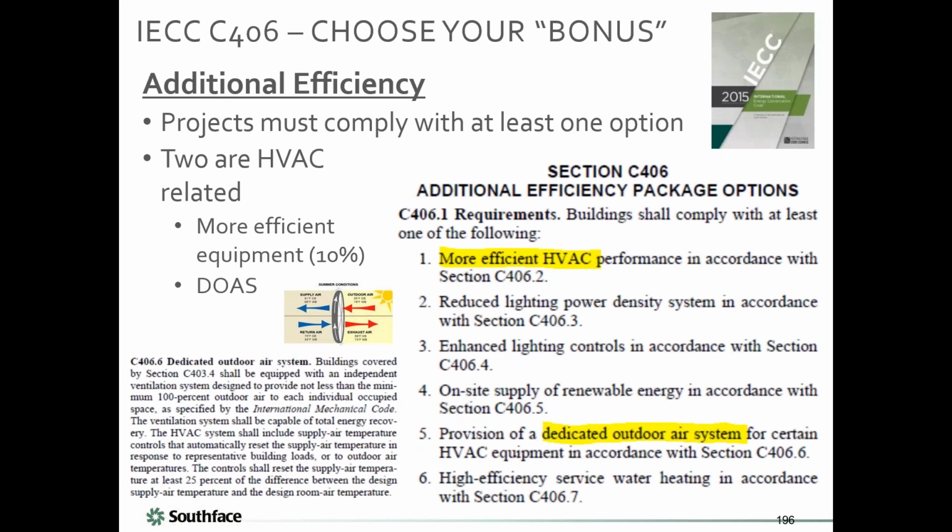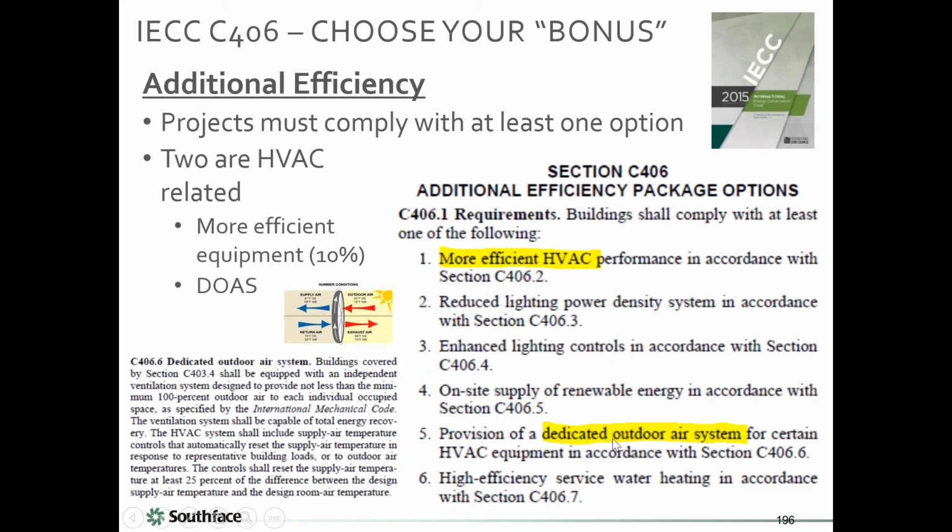And then one last thing, no matter what you do in the IECC, when you're all done, you're not all done. You have to do something additional. So you have to choose from one of six things additionally to be sort of better. Two of the six are HVAC. You can choose to inherently use more efficient HVAC equipment than the minimum, or jump down to number 5.